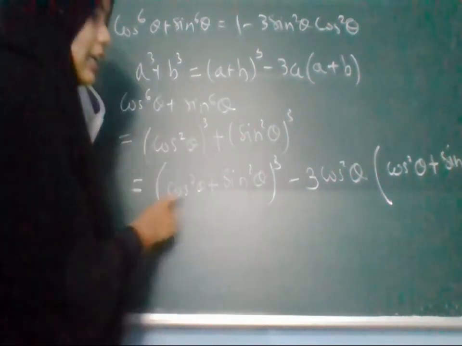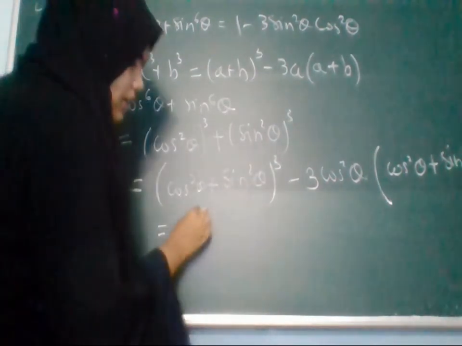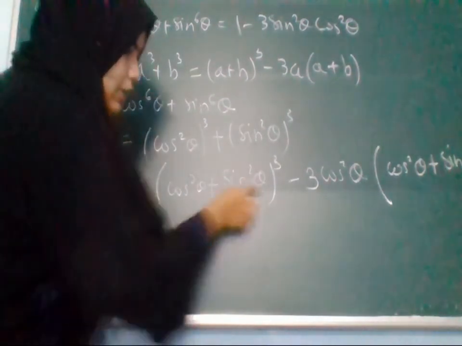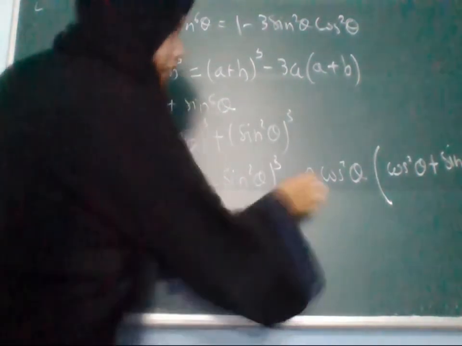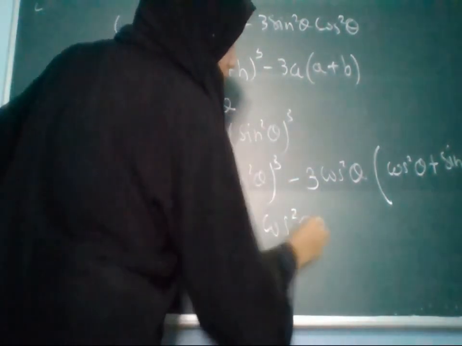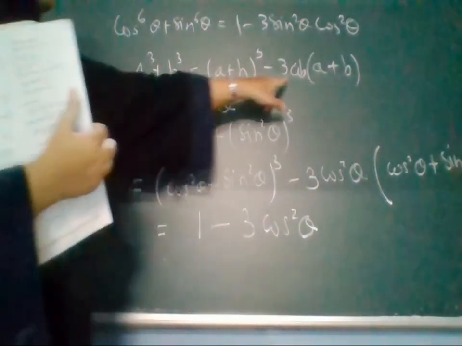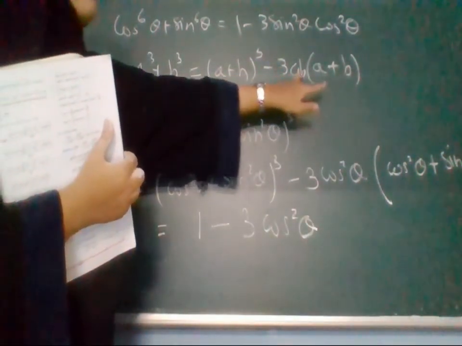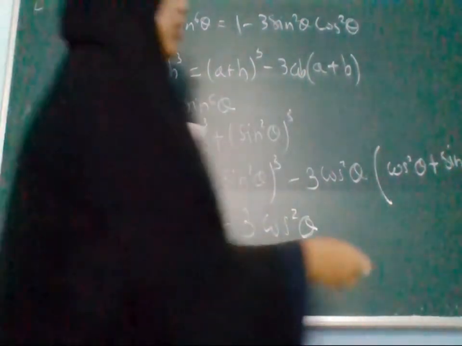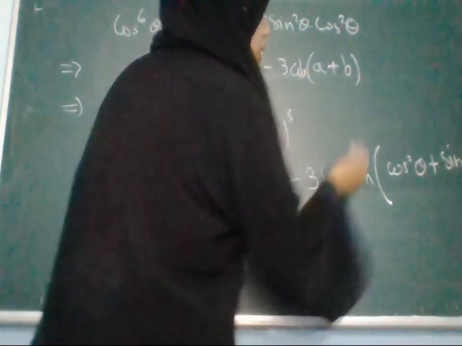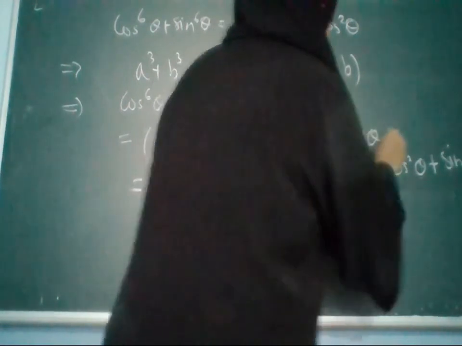See, cos square theta plus sin square theta is equal to 1. So this will be 1, 1 cube is 1, minus 3 into cos square theta. Again, just 1 minute, we have a mistake over here. This is minus 3 times a into b. So here it will be a into b, meaning cos square theta and sin square theta.